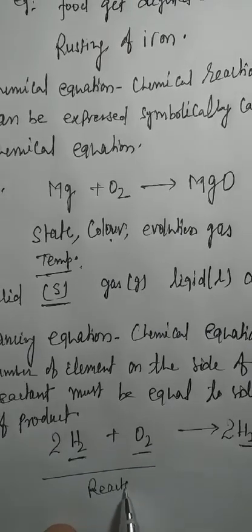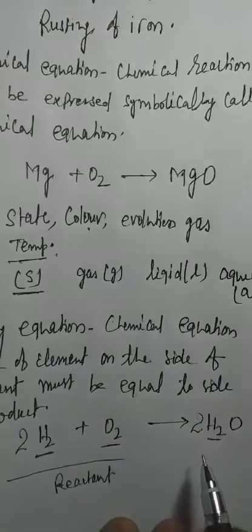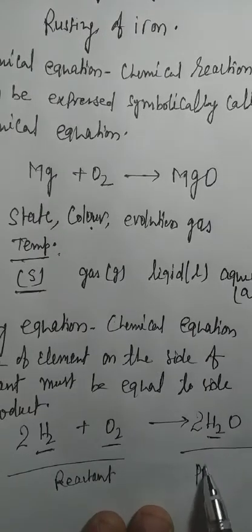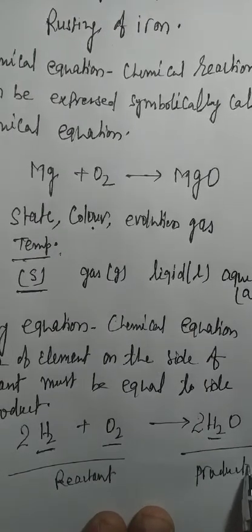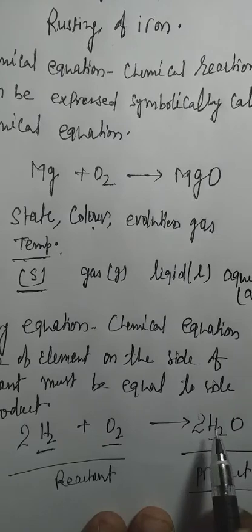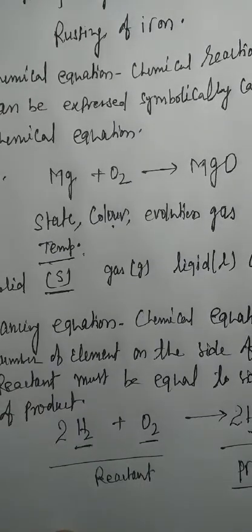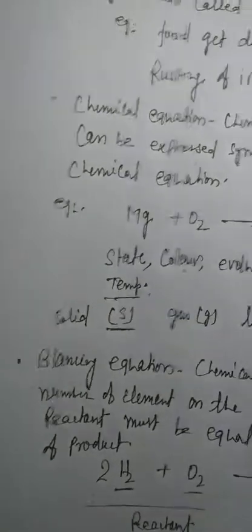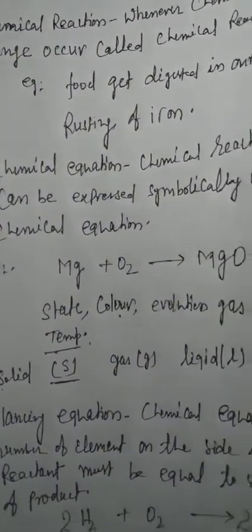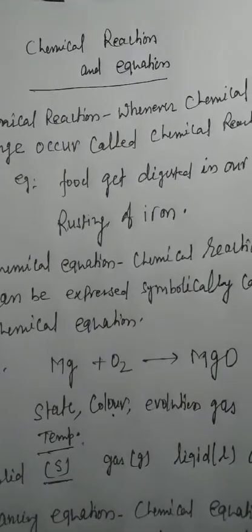This is our reactant, right? And after the arrow, whatever we form is normally called the product, right? So the number of atoms at the side of reactant and at the side of product must be equal. This is the idea of balancing a chemical equation.